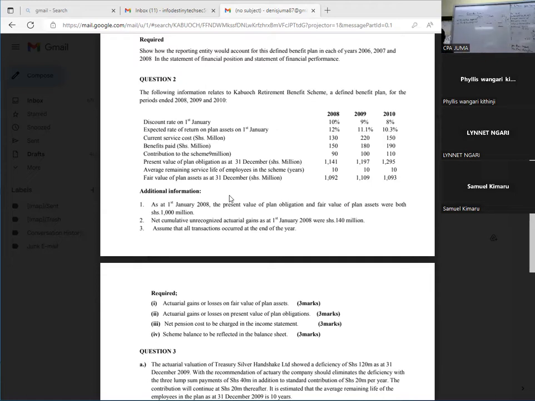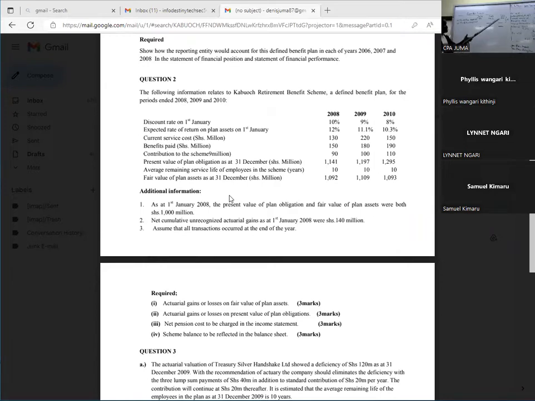Brought down for plan asset was 1,000. 10% of 1,000 is how much? 100. 209, what was brought down in 209 for assets? 1092. So it will be 109.2. Brought down 2010 for assets, 1109 will be 110.9.